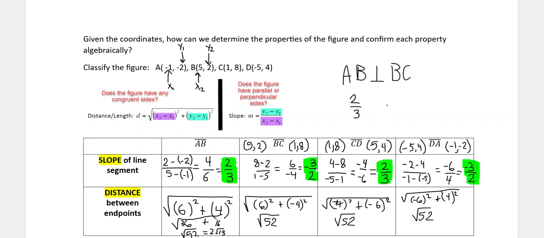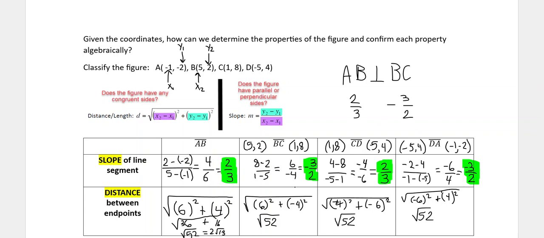The opposite of that is a negative. The reciprocal is 3/2. So given that these 2 lines have slopes that are opposite and reciprocal, we can also prove that the figure has right angles. If you go through, you'll see that that relationship exists between every pair of adjacent sides.